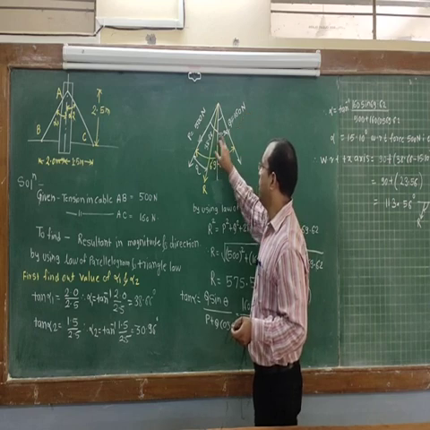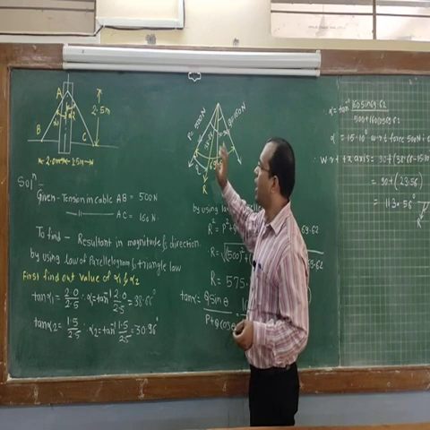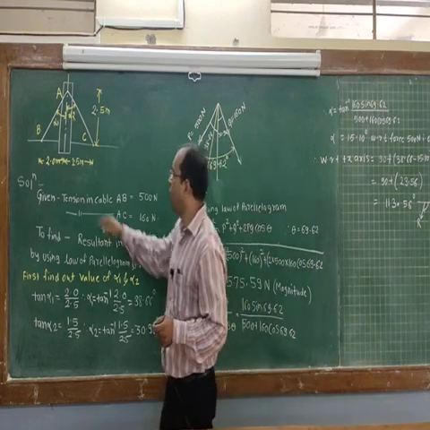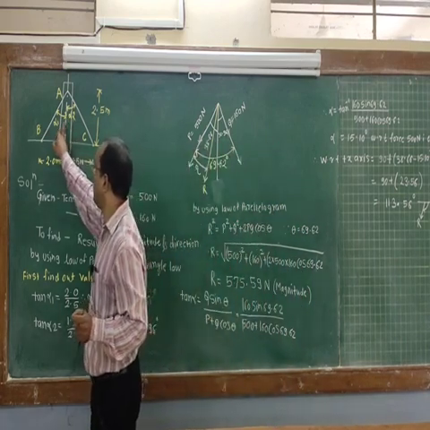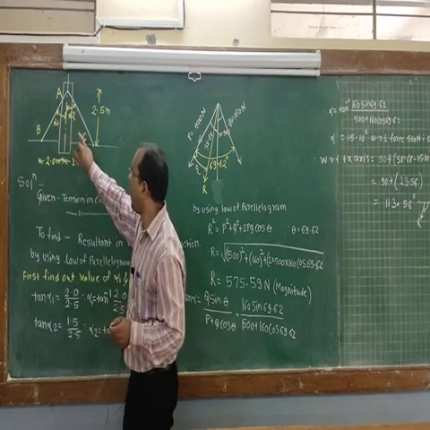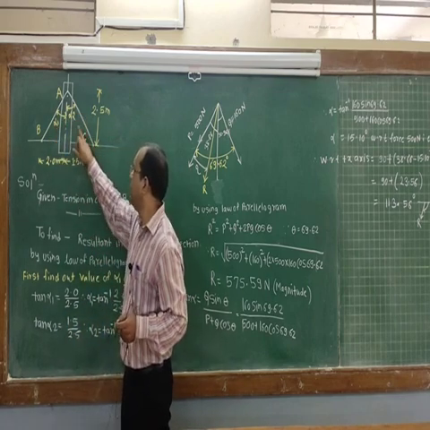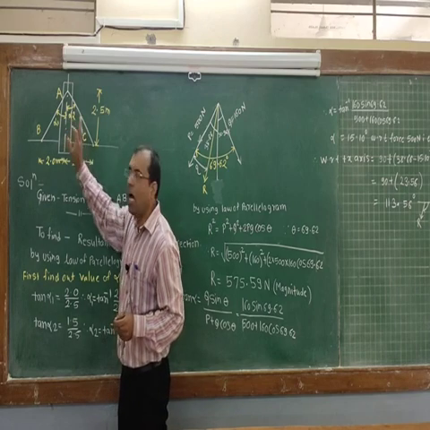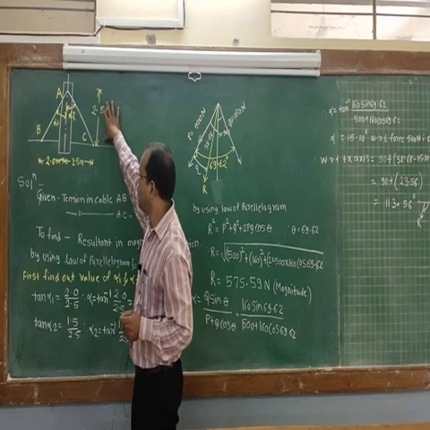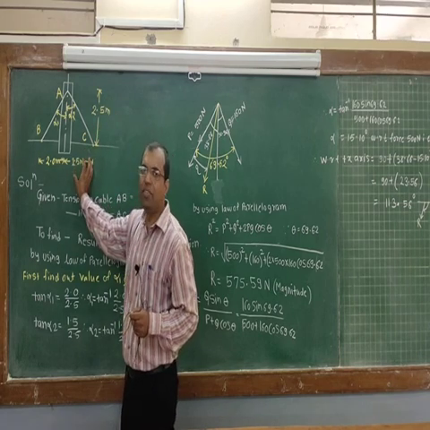Our first aim is to find the angle between the vertical and the cable. So how to find it? Let's say the angle made by cable AB with respect to the vertical is alpha 1, and the angle made by cable AC with respect to the vertical is alpha 2. In this triangle, the height is known as well as the front side is known.